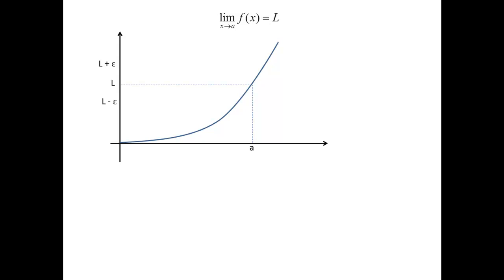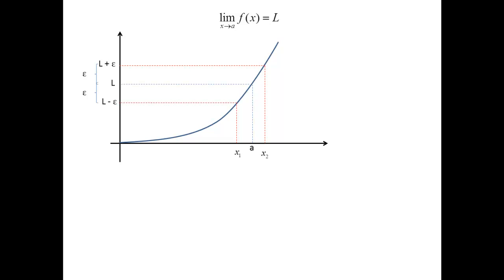So we notice that if we go up epsilon from L, we have a point on the y-axis, L plus epsilon, and if we take that epsilon away from L, we have a point below, L minus epsilon, and we get what I'll call an epsilon neighborhood. Now the L plus epsilon corresponds to x2, just some x on the x-axis, and L minus epsilon corresponds to x1, just some x on the x-axis.